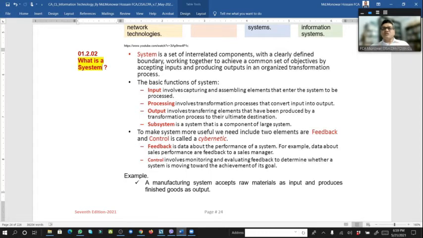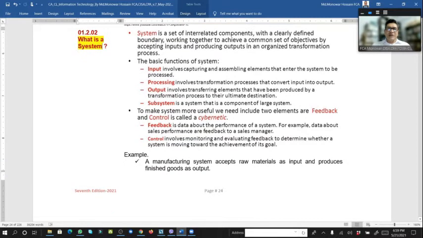The basic functions of a system are, number one, input, processing, output, and subsystem. Input involves capturing and assembling elements that enter the system to be processed. Processing involves transformation processes that convert input into output. Output involves transferring elements that have been produced by a transformation process to their ultimate destination, that means finished goods.